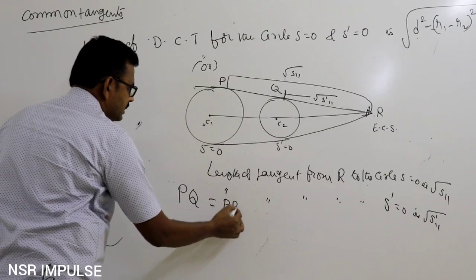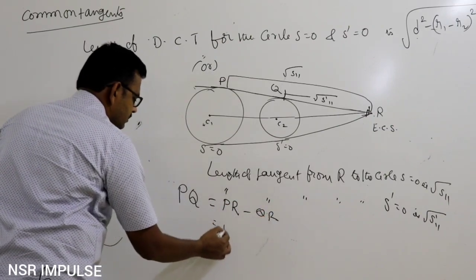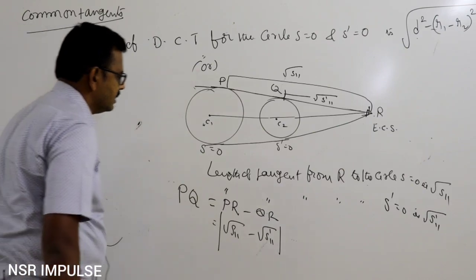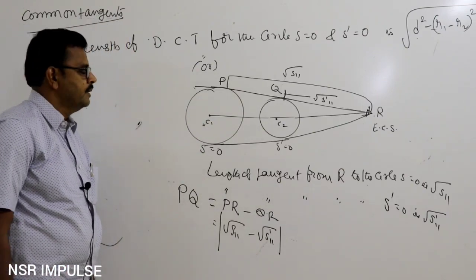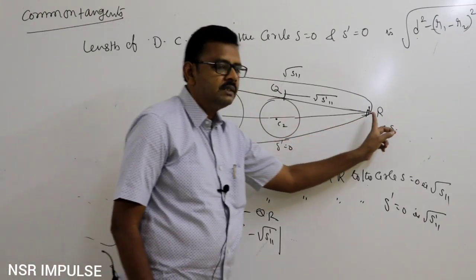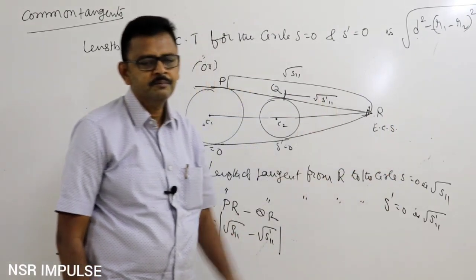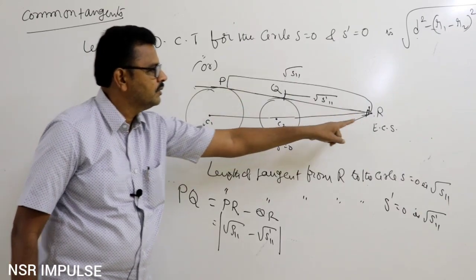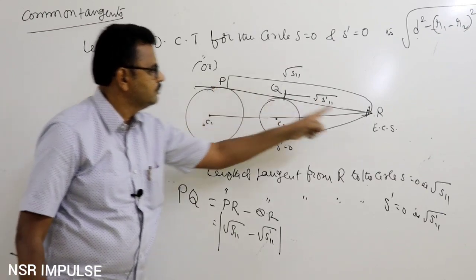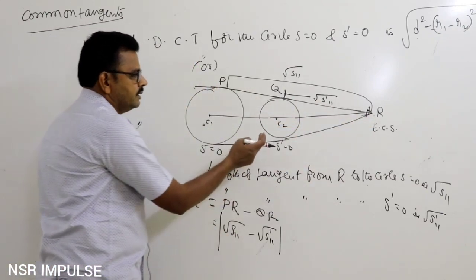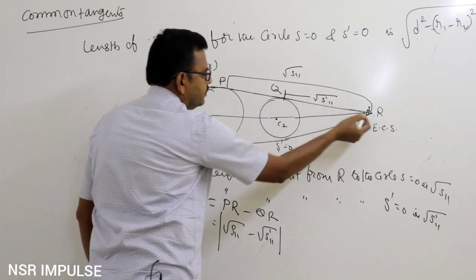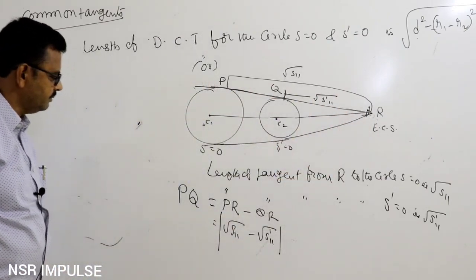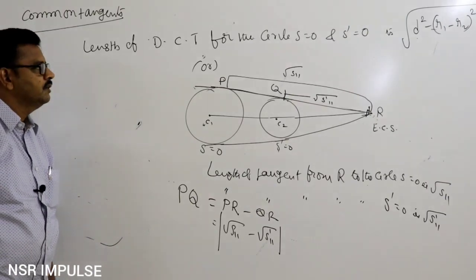PQ equals PR minus QR, which is root of S11 minus root of S dash 11. In this process we must find the external center of similitude, and only then can we find the lengths of tangent, PR and QR.